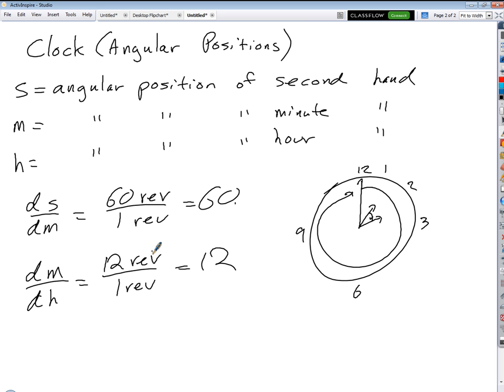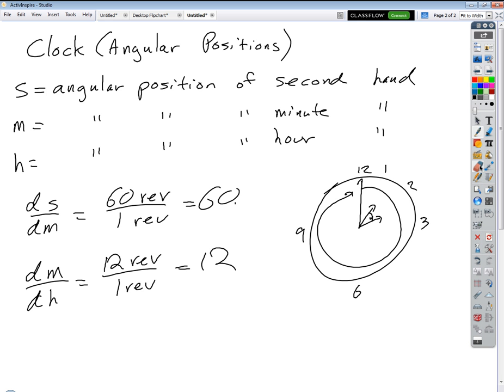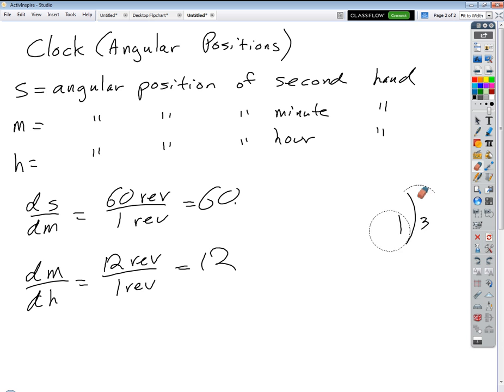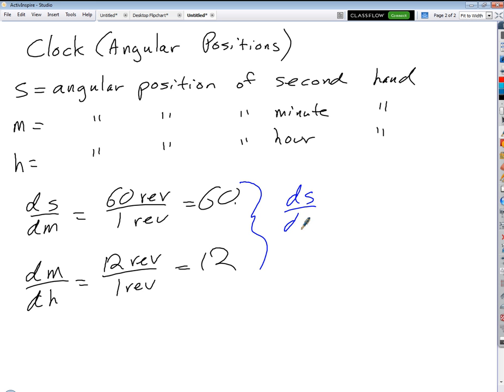Now here's the chain rule, and it's not a difficult concept. What is ds/dh? It's 60 times 12. Here's how I know, because this is what the chain rule tells us.